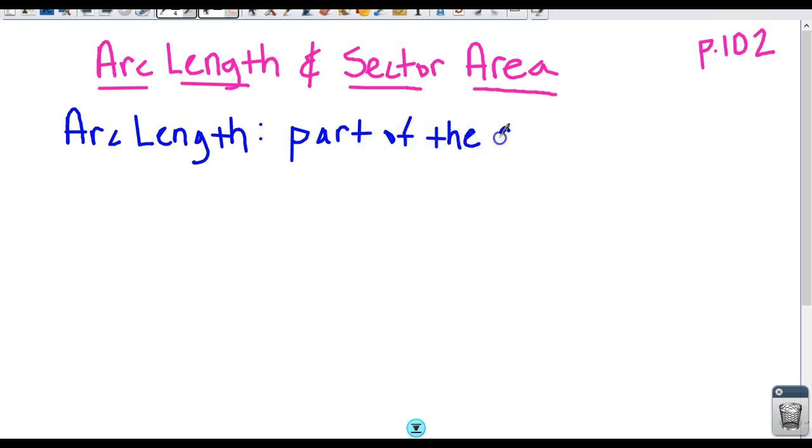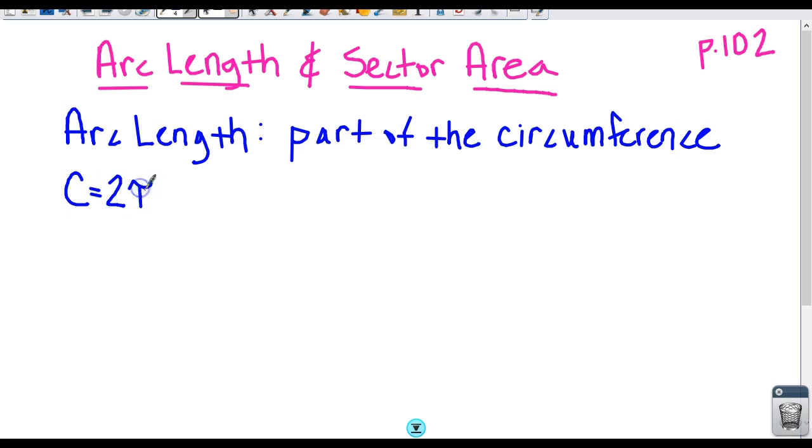Okay, if I'd have known it was going to be this bad, I would have just used the document camera, but it's a little too late now. Part of the circumference. Yay. All right, so what is the circumference formula? 2 pi r. So circumference is equal to 2 pi r. All right.